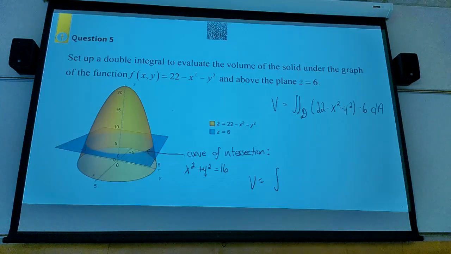What's the radius of the circle? Y would go from -4 to +4. What about x?